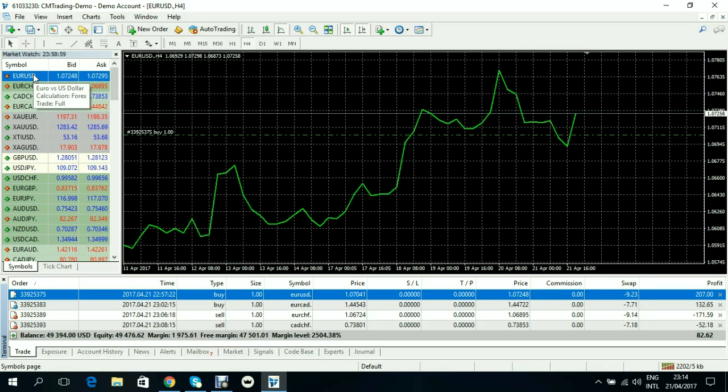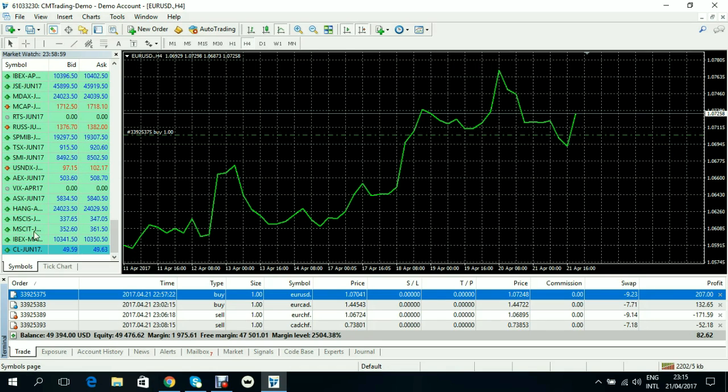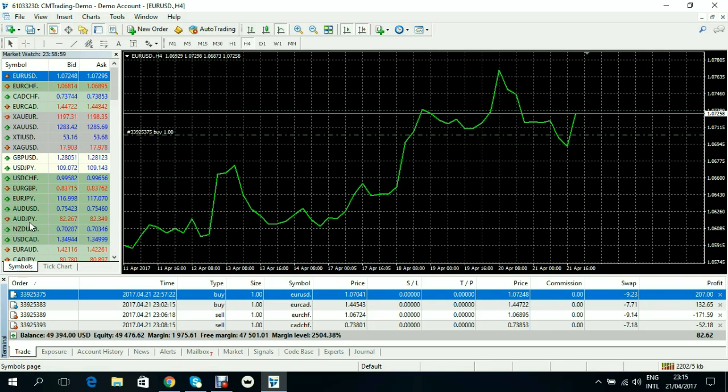You can choose 4, you can choose 5, you can choose 6, depending even on your capital and how often you want to trade. These are the instruments.